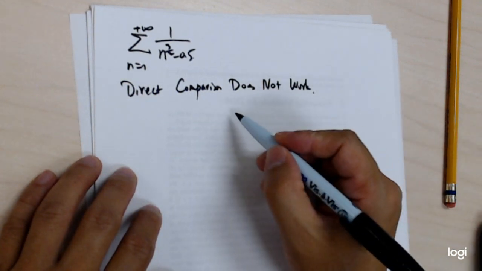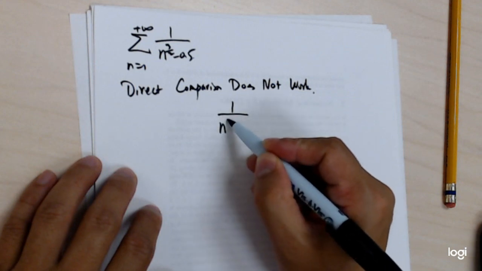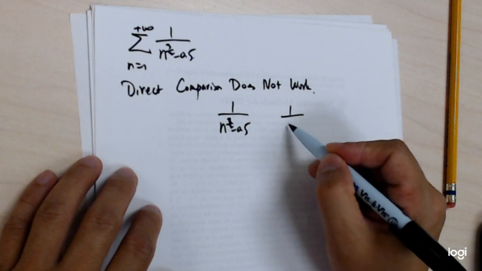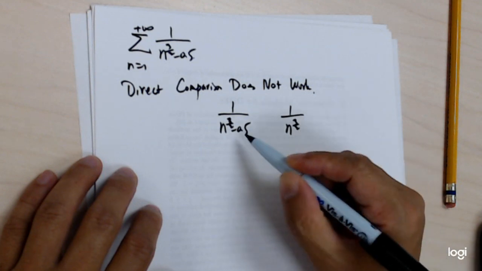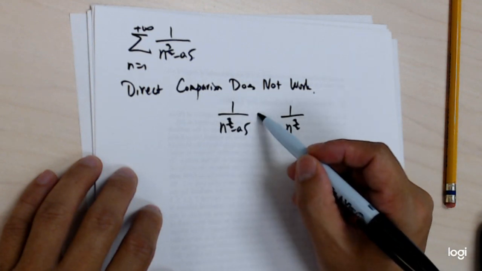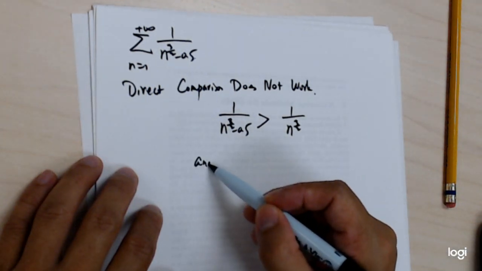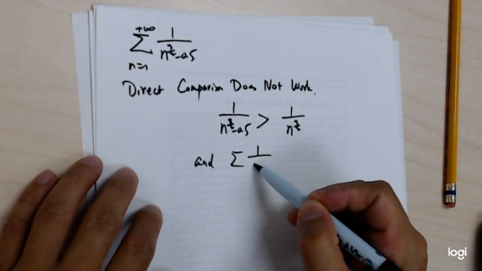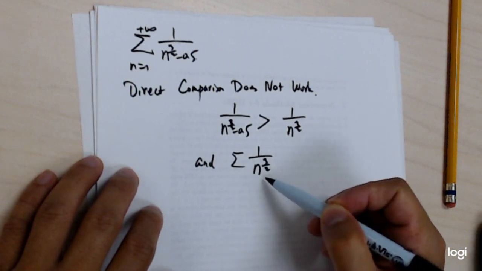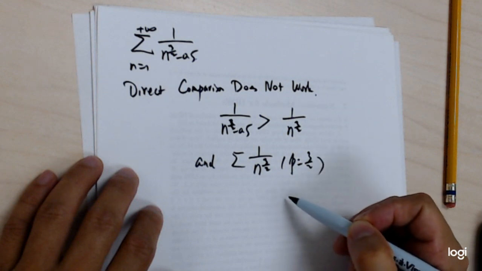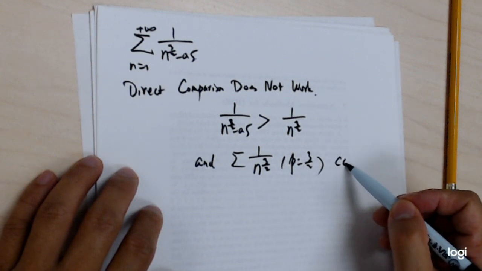I mean, you can try it out. Many of you can notice that this original one is greater than this guy. So this one is bigger. And this is the p series with p equal to 3 halves. So I know this one converges.